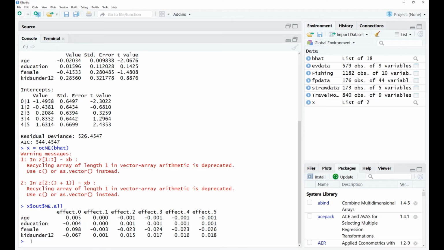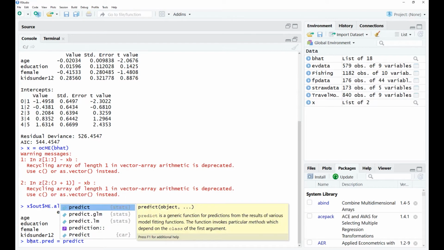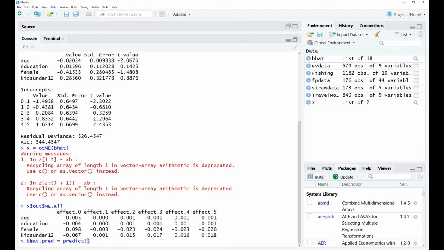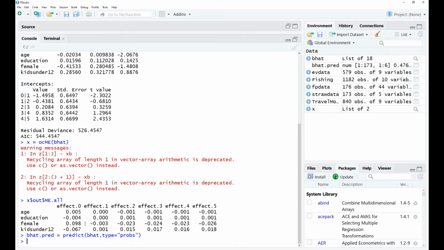Now, let me illustrate this a bit further. You can type in b hat dot predict is equal to predict b hat, comma, type equals probs.